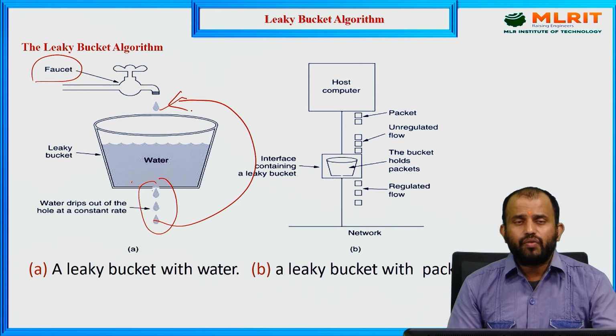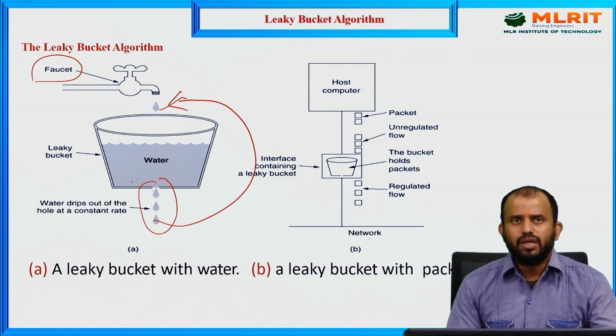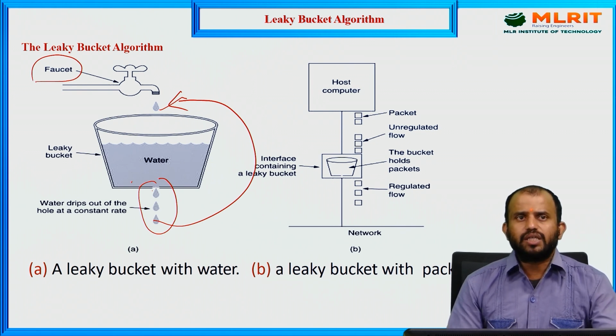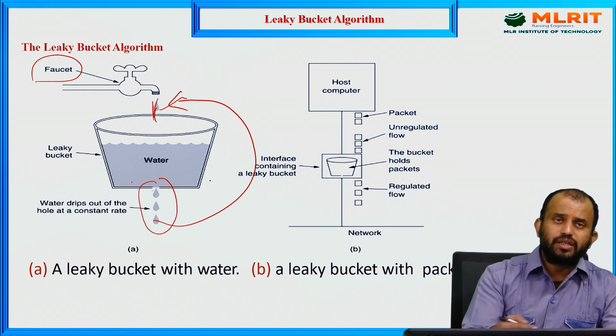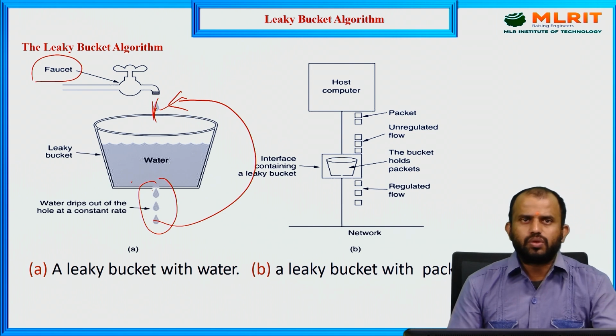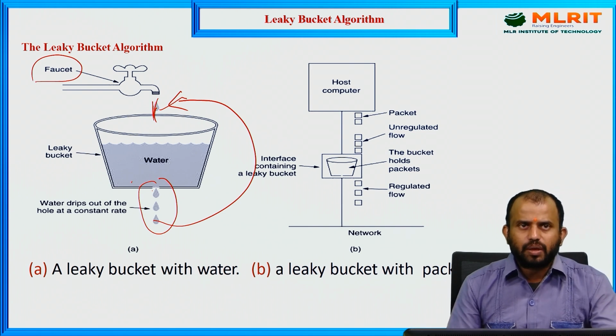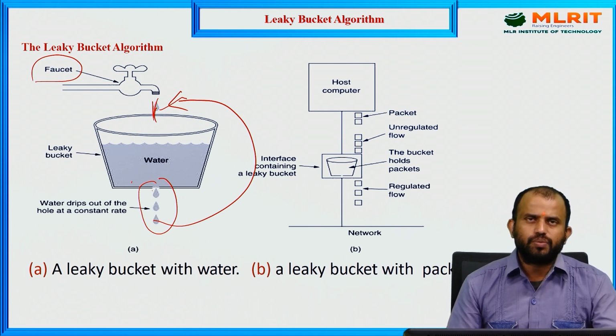If the flow is too fast, overflow happens. If incoming is very high and outgoing is too slow, or the leakage is slow, then overflow happens.